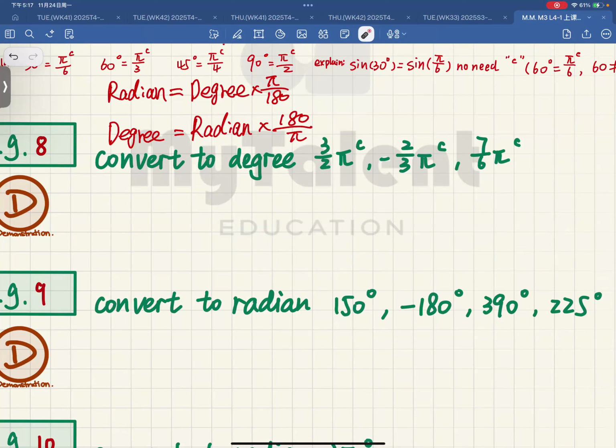Do you guys feel better when calculating the fraction? Yeah, okay, now next one.